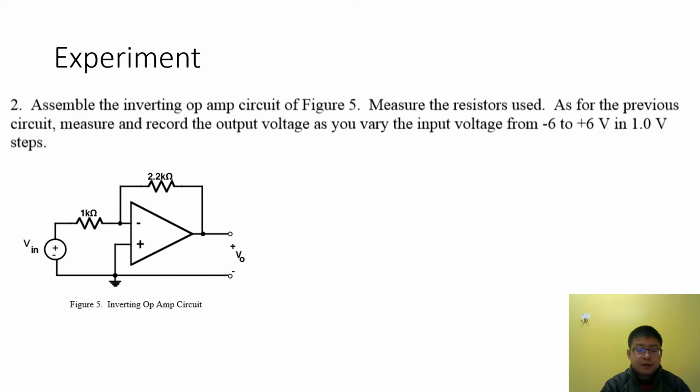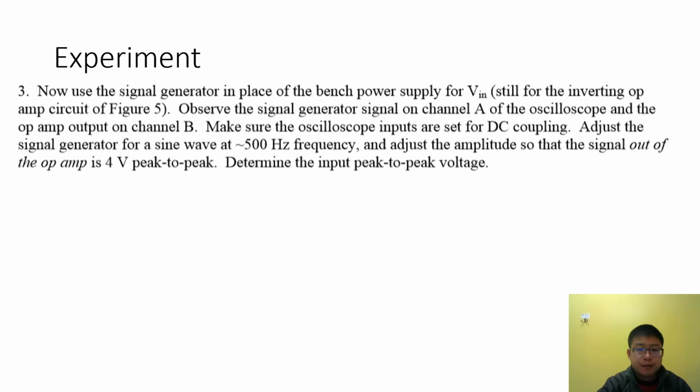In the second experiment, you connect the circuit as shown in figure 5, and in your lab report you need to write down the input, output, and also the actual values of the two resistors. In the third experiment, you will use the same circuit, but now the input is different.